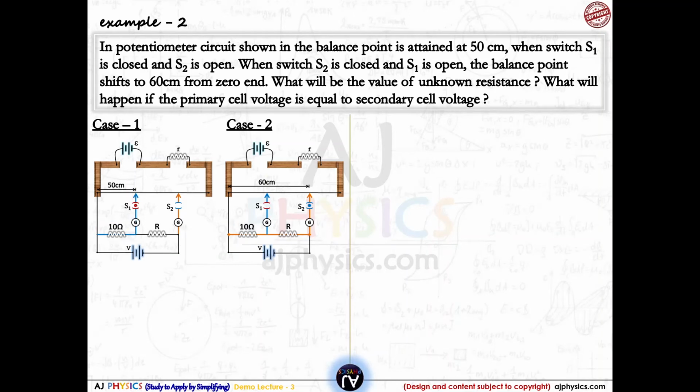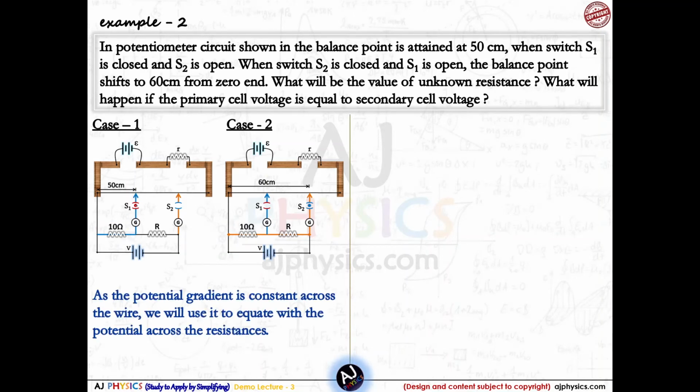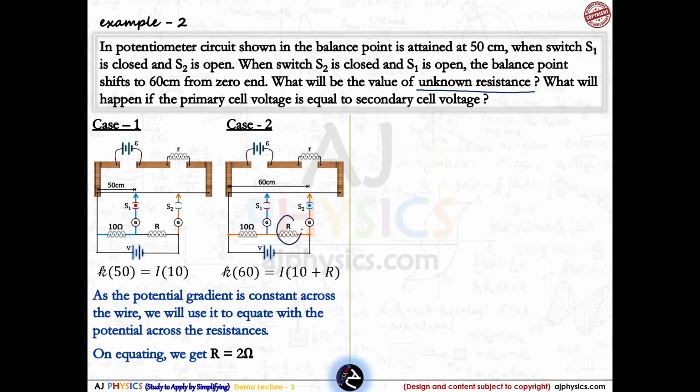Now how this was happening was all related to the potential gradient only. And we can make two different equations. When we make these two equations, we can divide them and calculate whatever answer is required: the unknown resistance R. Fine. Now the next question is, what will happen if the primary cell voltage is equal to the secondary cell voltage?